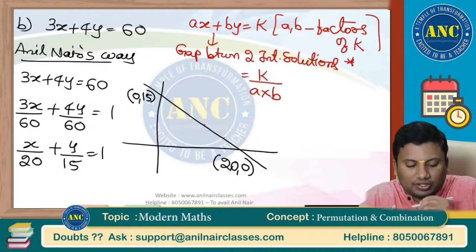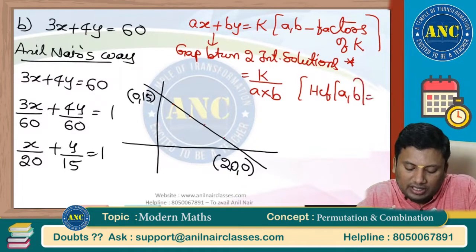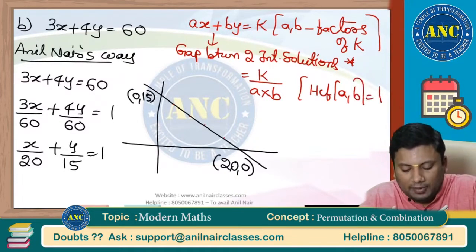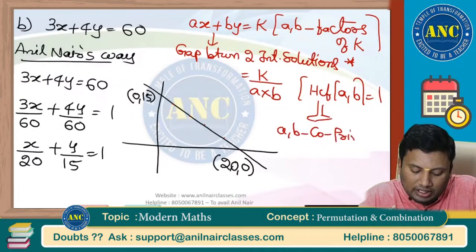This proof also I will give you. It is k by a into b when the coefficients are co-prime to each other, that is HCF of a comma b is 1. When two numbers' HCF is 1, they are said to be co-prime to each other.